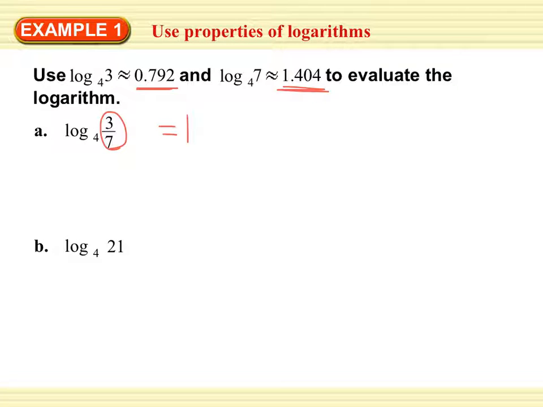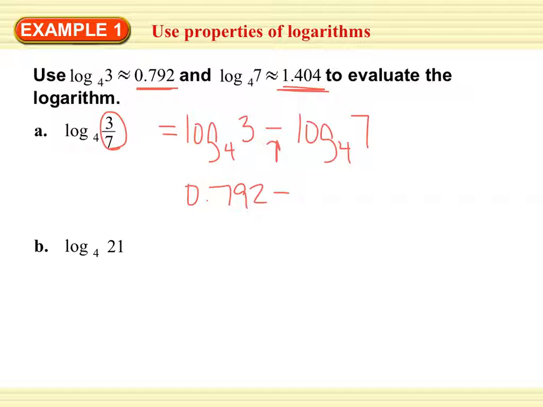So I know that log base 4 of 3 minus log base 4 of 7 is going to be the answer to this, because if it's division, I can use subtraction to simplify it. And I'm just going to substitute 0.792 minus 1.404 and get negative 0.612 as an answer.